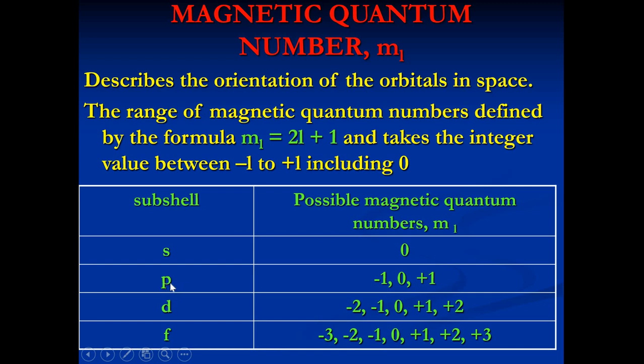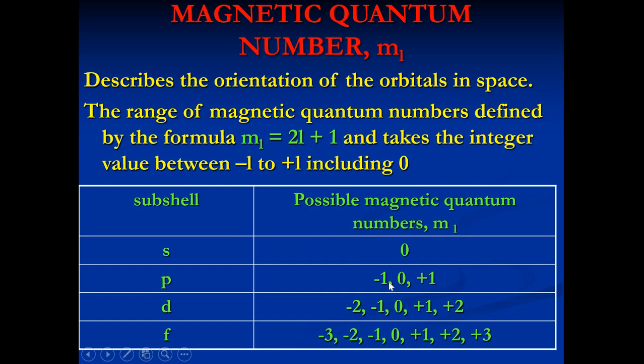When l is equal to 1, you have p orbital. So you will substitute the value of l here. So you now have m, the magnetic quantum number, equal to 2l plus 1. Your l is 1, so you say 2 times 1, we have 2. Then 2 plus 1, we have 3.